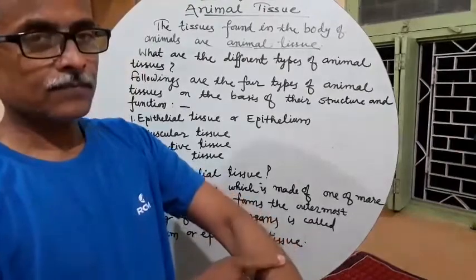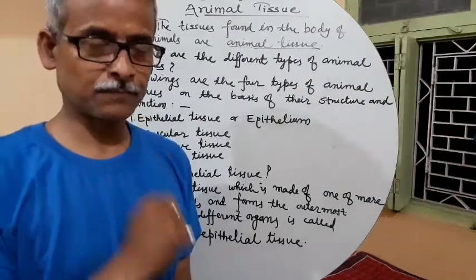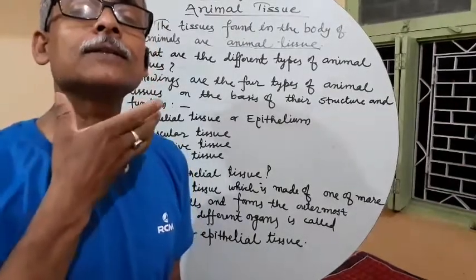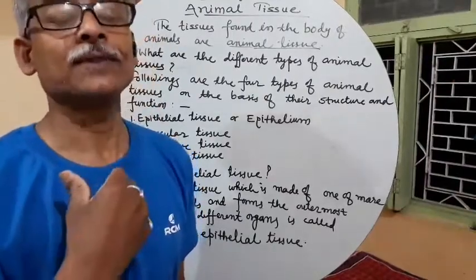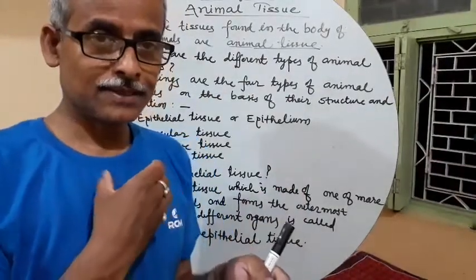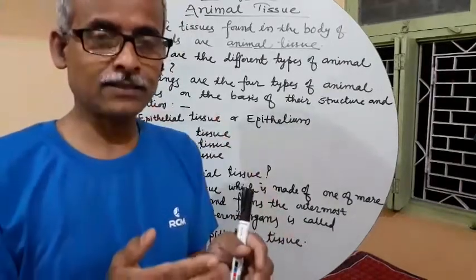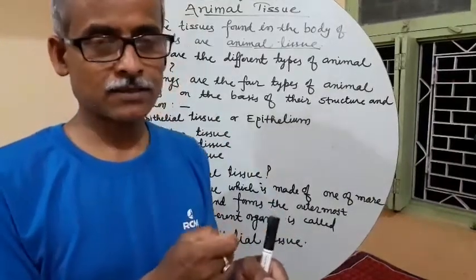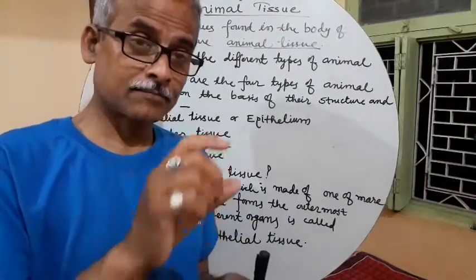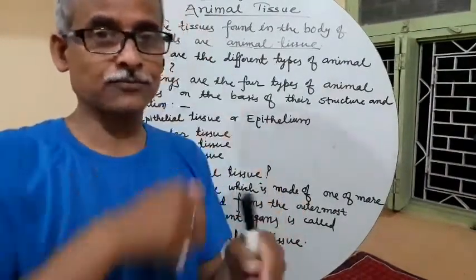Our skin is epithelium. The surface of the tongue is epithelium. The surface of the palate, the surface that we see in our throat, is epithelium. The inner lining of the esophagus is epithelium. The inner lining of the stomach and intestine is epithelium.